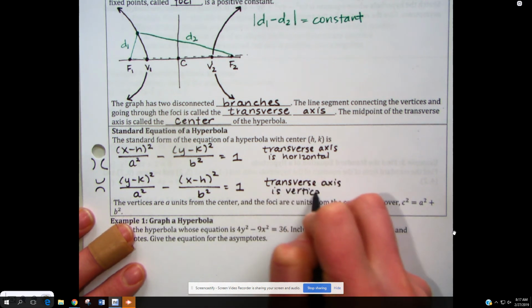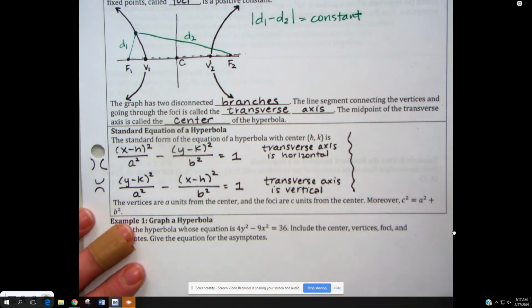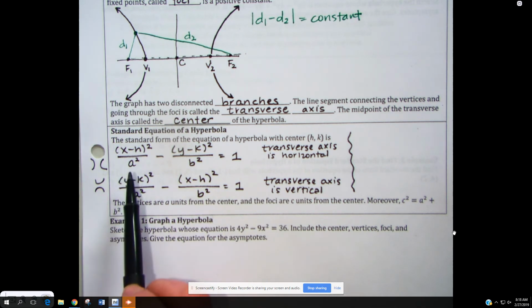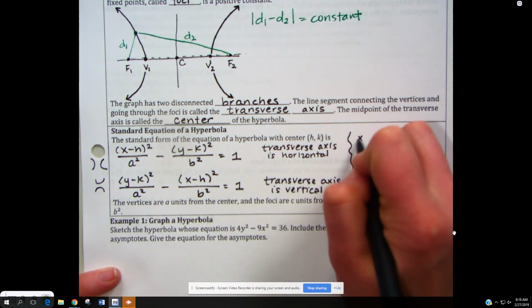And then the other thing to note that's very different than an ellipse, the A is always associated with the first term. So the A value is always associated with the transverse axis, and A does not need to be the biggest value. That's different than the ellipse. So I'm going to make a note here.